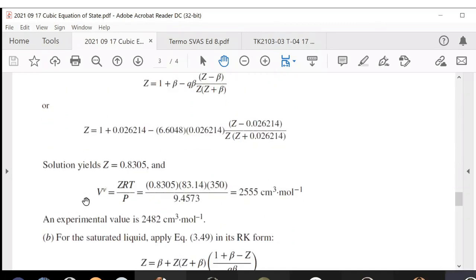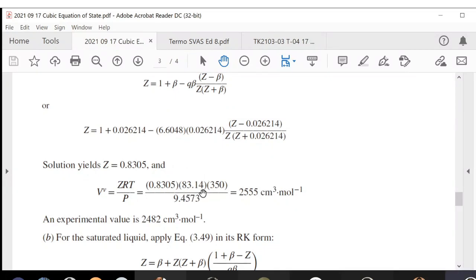Okay, this is volume of the vapor, Z RT over P. Z is the one that is calculated. R, later we will check this R. Temperature is 350, pressure is 9.4. Okay, you just calculate this, you get that volume of the vapor is 2500 cubic centimeter per mole.